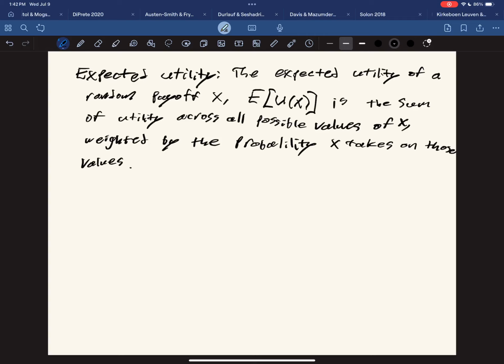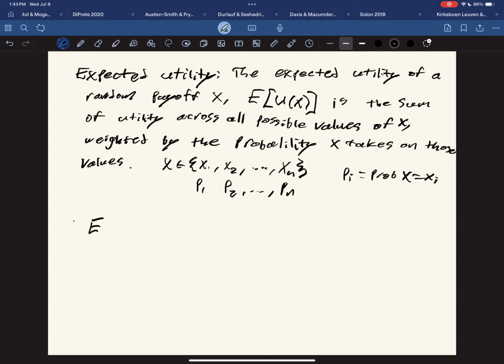So if the possible outcomes of X are X1, X2, up to Xn, and the probability that X1 occurs is P1, the probability that X2 occurs is P2, and the probability that Xn occurs is Pn, so Pi equals the probability X equals Xi.